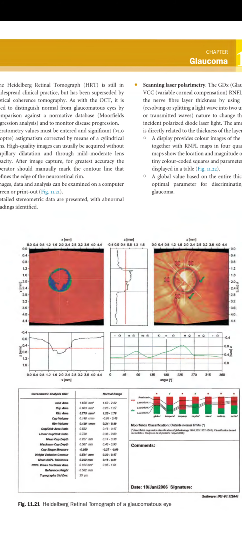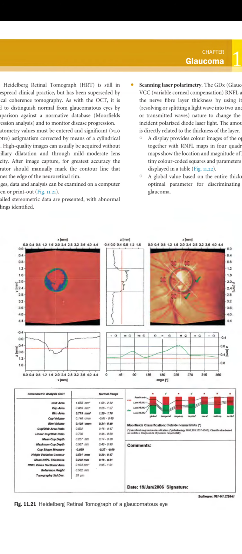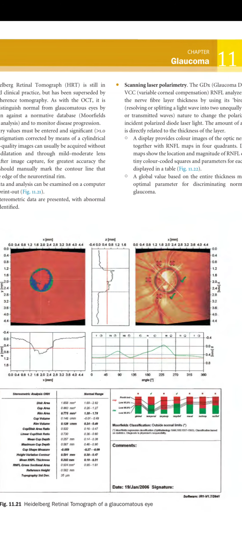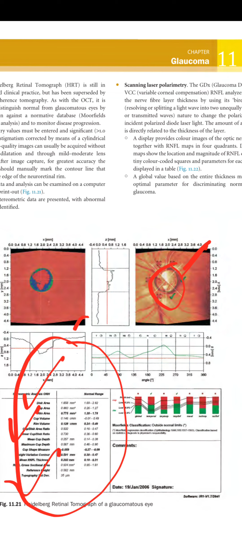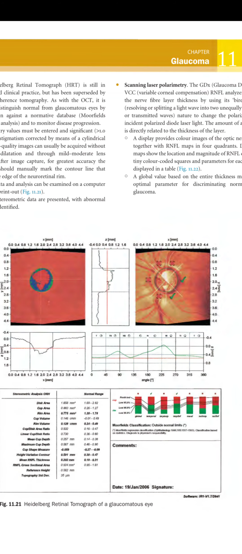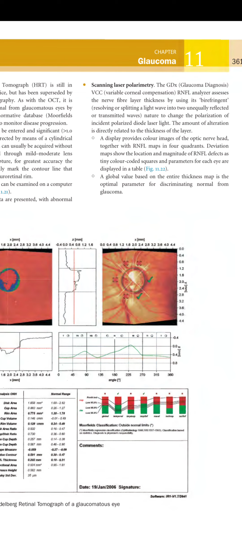So this is a Heidelberg retinal tomograph of the glaucomatous eye. It is giving us a 3D image of the eye, and the operator has marked the optic disc margins, and now the different readings are given, and the detailed optic disc values are being given, and you can see whether there is damage or not.